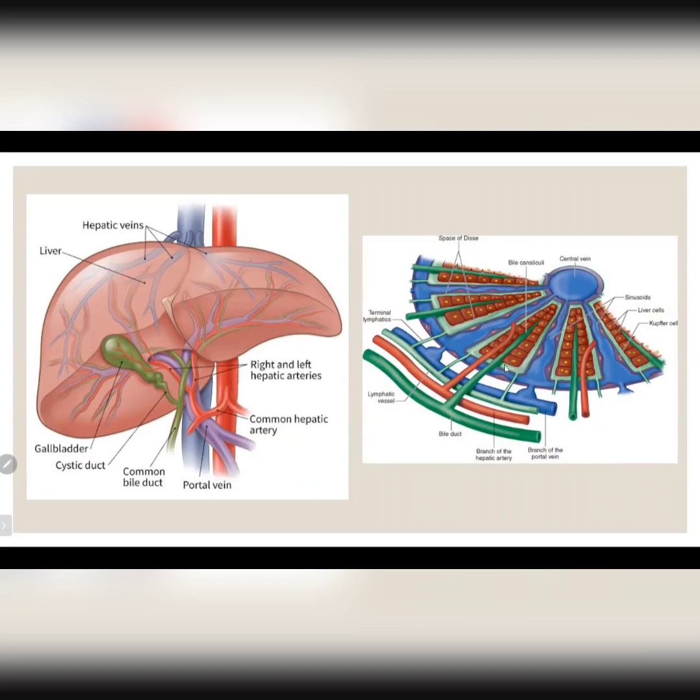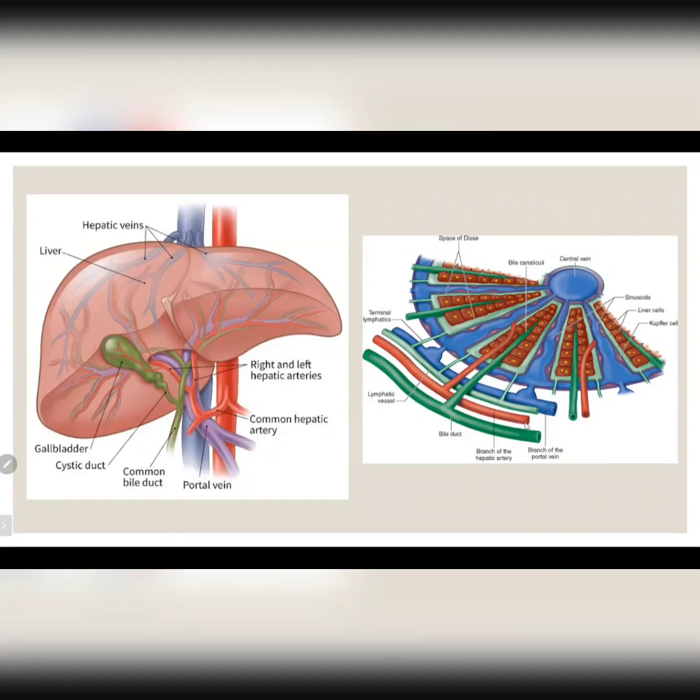These are the cords of liver cells, labeled in brown. And in between the two cords, you can see there is a dilated venous space. This is called the liver sinusoid. Now, here in red color is a branch of the hepatic artery.